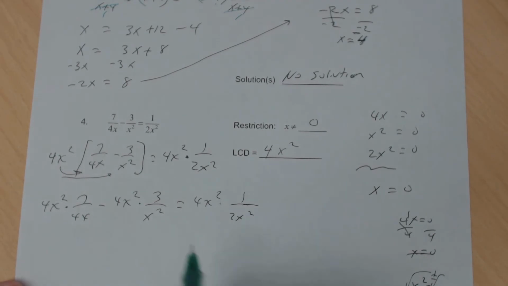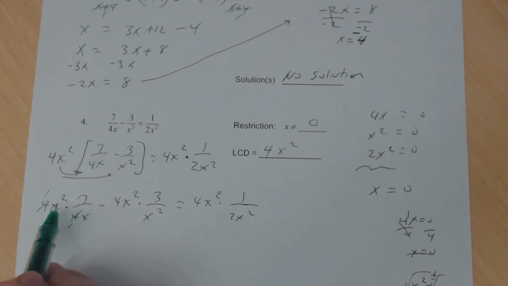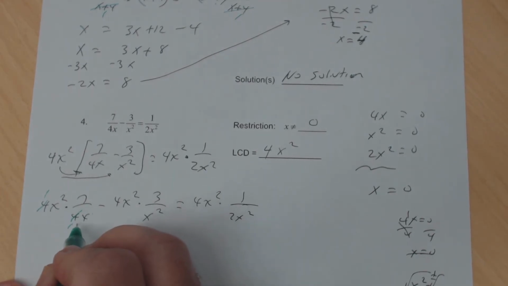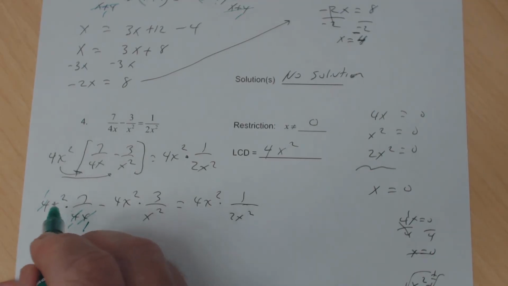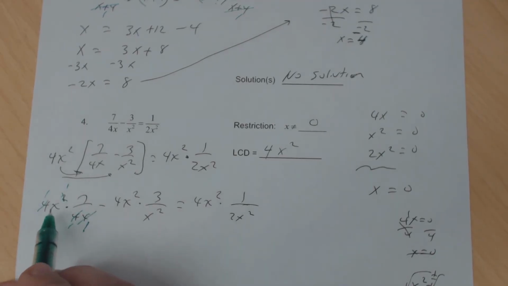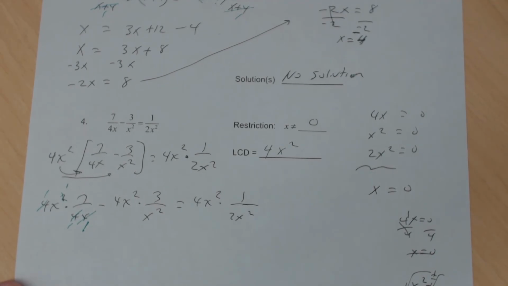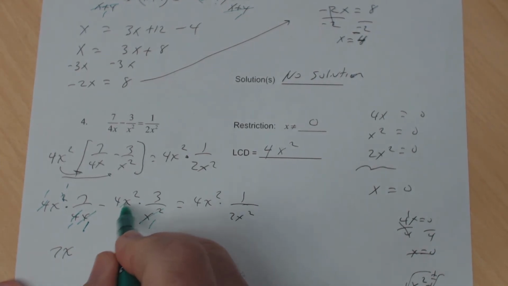Okay, now let's reduce. These 4's divide out here, so that was simple. Now, there's a factor of x here, there's 2 in here, 2 in the numerator. So I'm going to divide all of these out and be left with only one factor of x up here. So basically I have 1 times x times 7, which is 7x. Over here, the x squareds divide out.